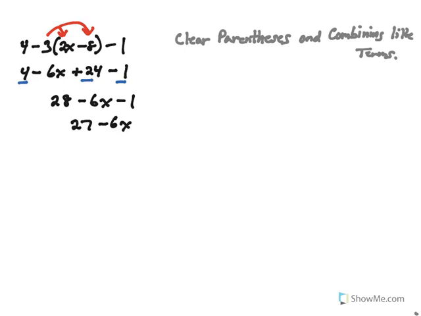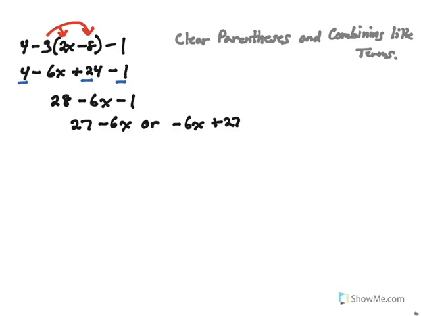Now we can't combine the 6 because it has an x attached to it. That's a different term. We are just combining numericals or numbers for this particular problem. So the answer would be 27 minus 6x, or the standard way of writing it is write minus 6x first and then the plus 27 last.